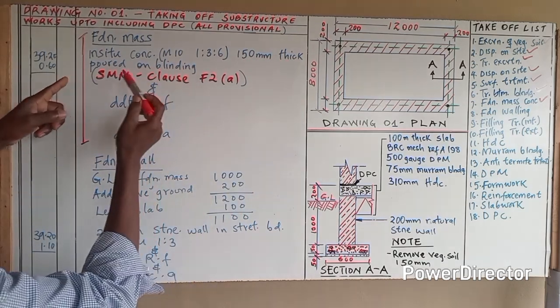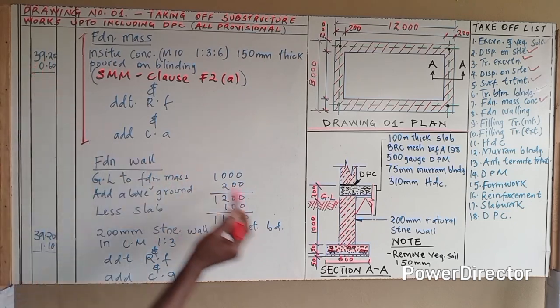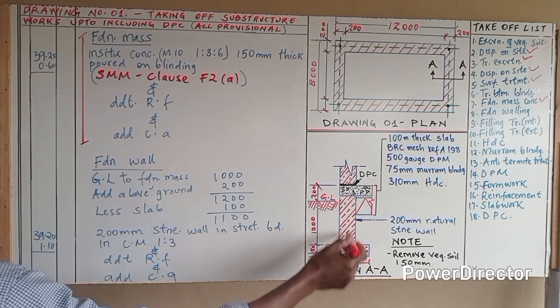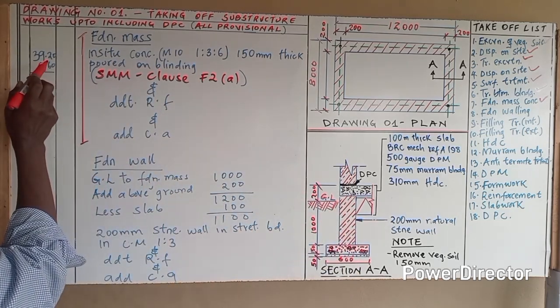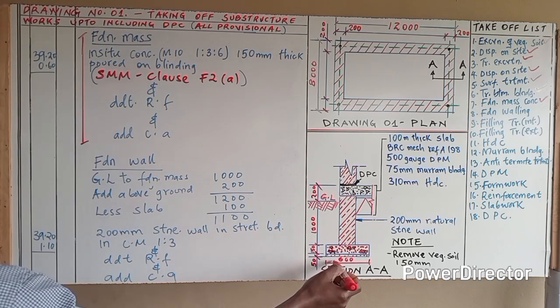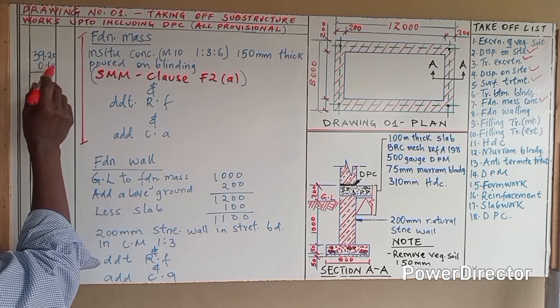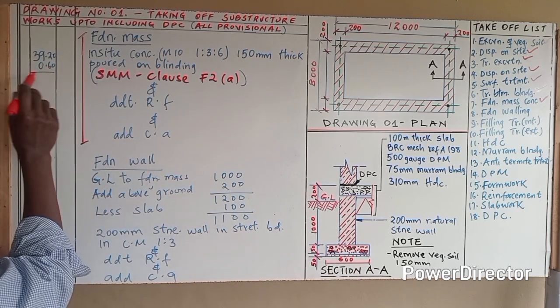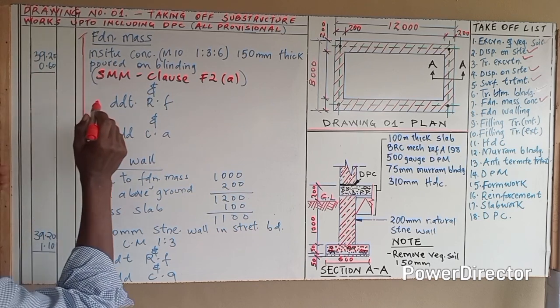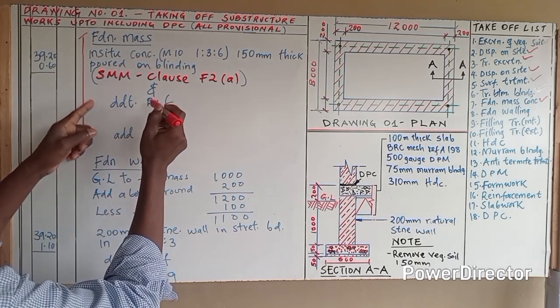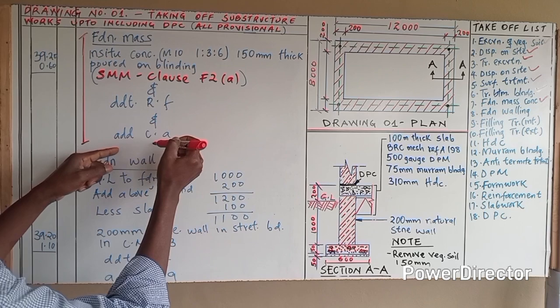So if I have to book this one, I will book it using the mean girth of 39.20 by 0.60, that is the width of the foundation, and deduct ram and fill and add cutaway.